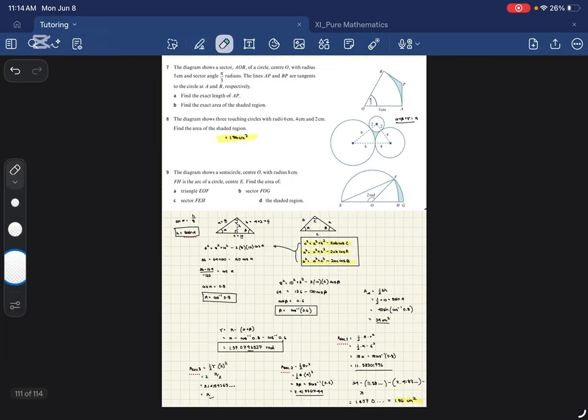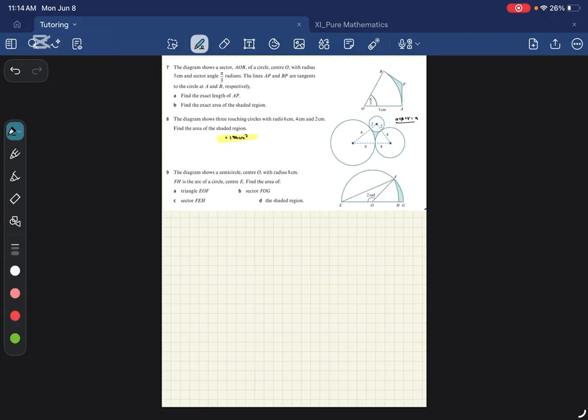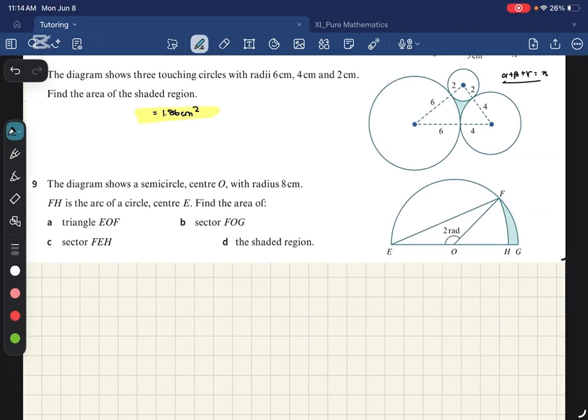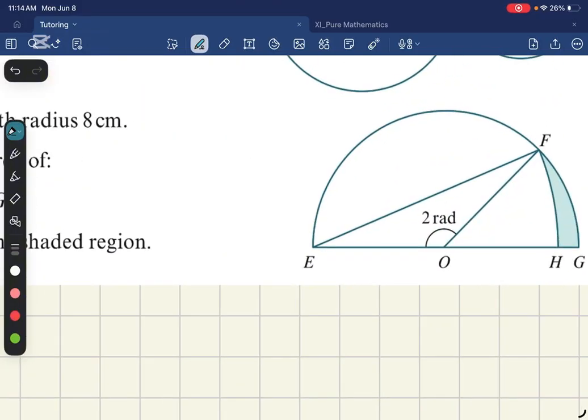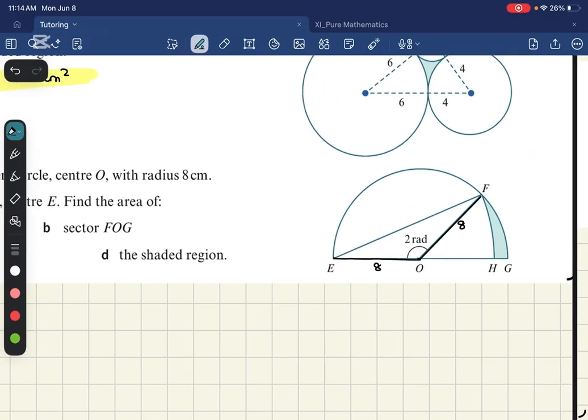So let's do question 9. I hope I can erase everything. Okay, so now question 9. The diagram shows a semicircle with center O and radius 8. So this side is 8 and this bottom side is also 8.